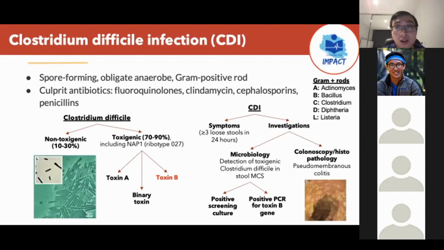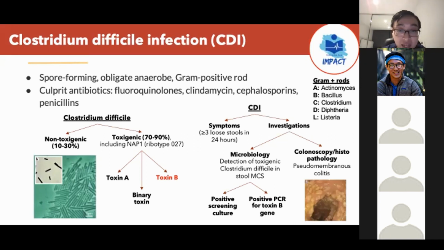You ask the nurse to take a stool sample to send off for stool MCS. That stool sample gets collected and sent to the lab. The first thing that they do is a screening culture. They take the stool sample and culture it. That will tell you whether the patient has Clostridium difficile in their stool or not.